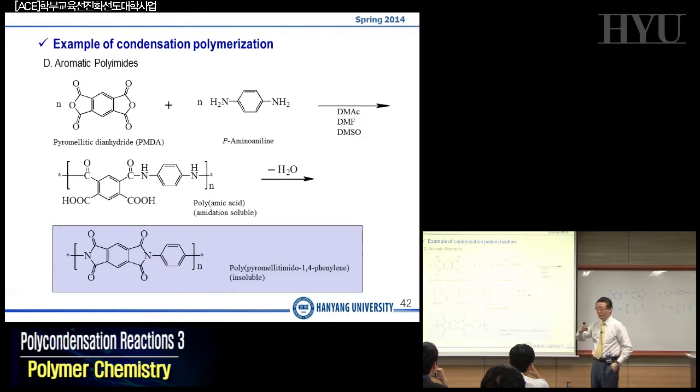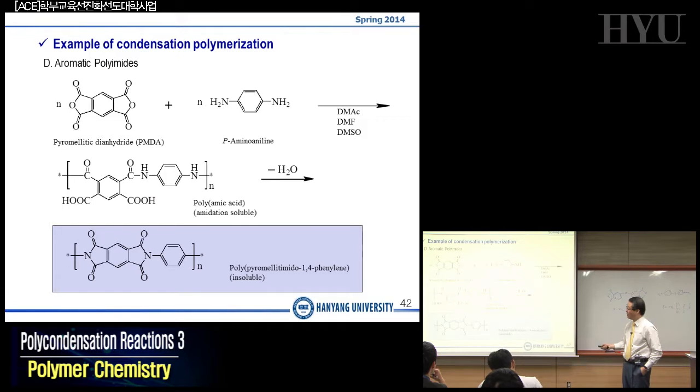But later on they convert this to the polyimide structure at high temperature, but you remember that you have evolved water in the semiconductor production, which may cause some defects in producing your semiconductor. So in the semiconductor industry, they need a soluble polyimide rather than making the imide out of this polyamic acid.